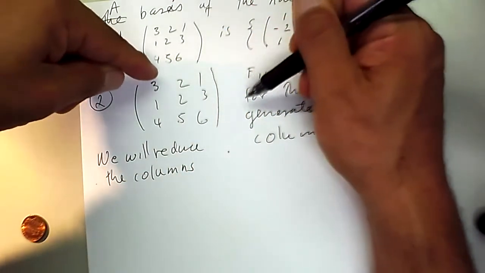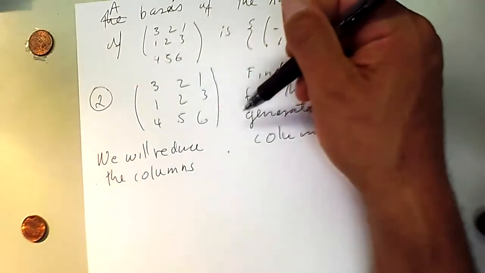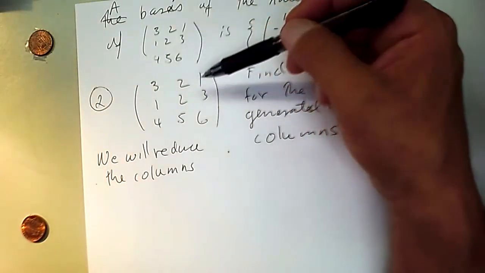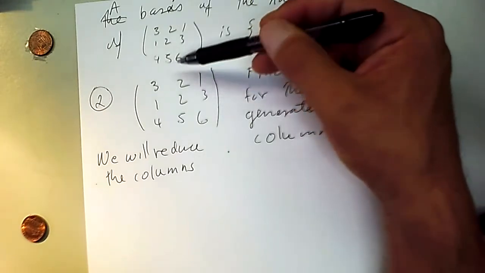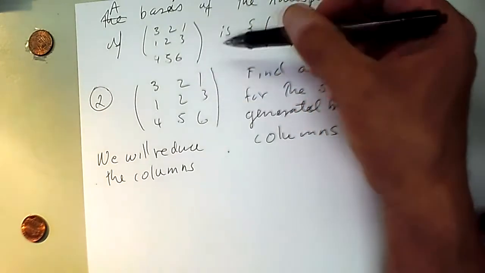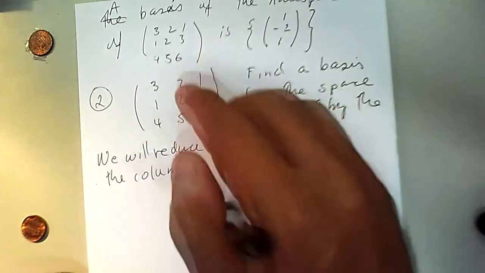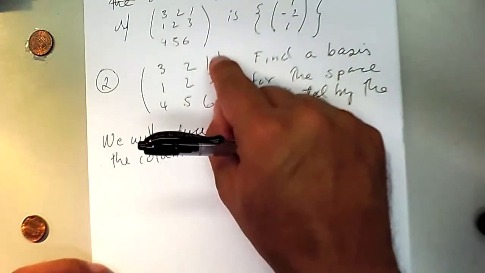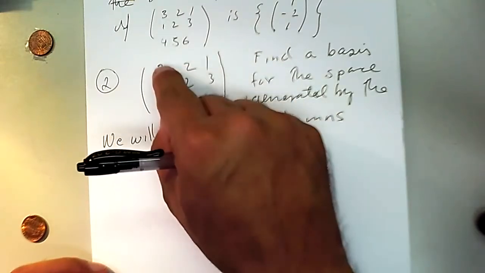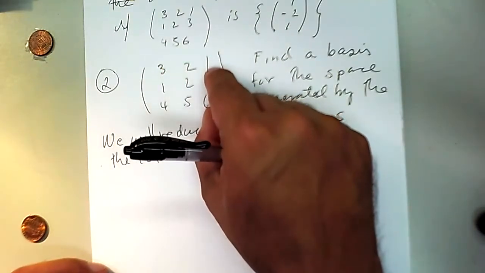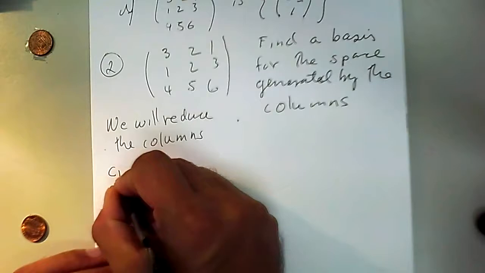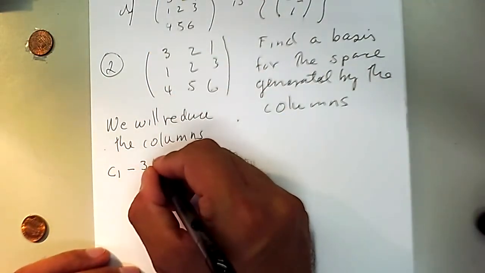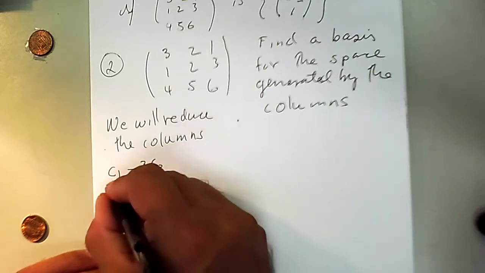We want to reduce the columns. Boy, this is interesting to me. So take the first column and subtract 3 times the third column. So column 1, take away 3 times column 3.